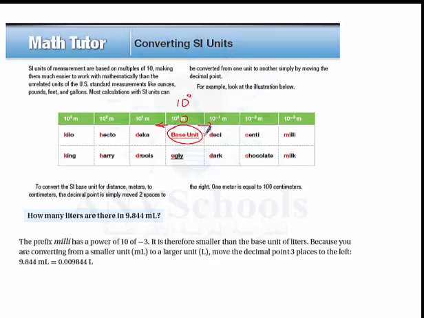So you can see here, it becomes deca, hecto, kilo, deci, centi, and milli. All of them are decameter, kilometer, hectometer, decimeter, centimeter, and so forth.